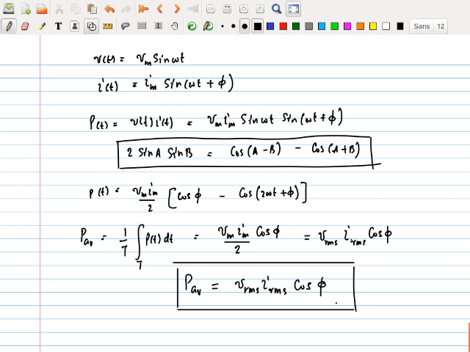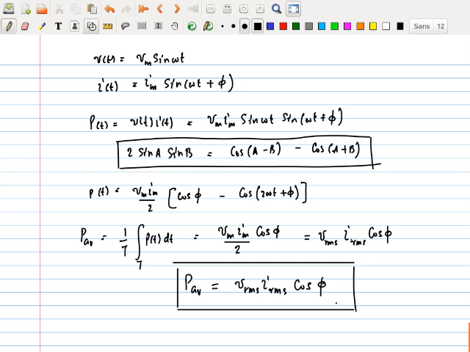If I change my phi to 30 degrees, is P average going to be smaller than when phi is equal to 0, or bigger? Smaller. If I make it 60, even smaller. If I make it 90, what happens? It becomes 0. What is the implication of this? Now the question you have to ask yourself, what is the implication of this?